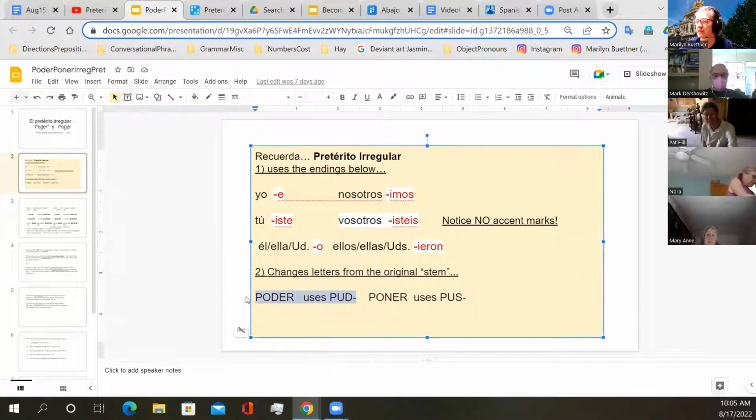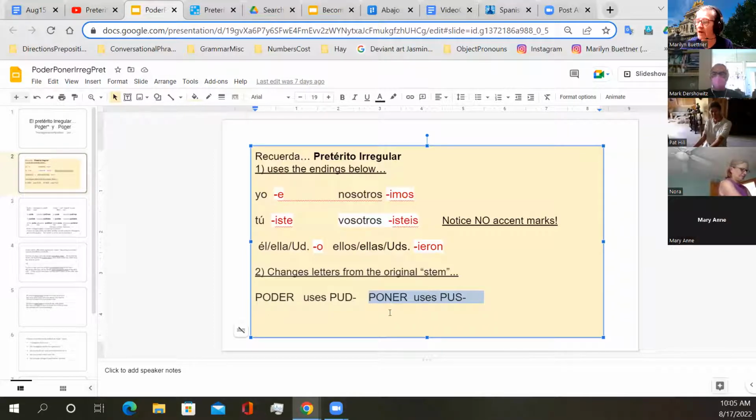So poder switches out the o, it plugs in a U, okay? But it keeps that D from poder. And with poner, it also gets rid of the O of poner and substitutes a U, but oddly, poner gets rid of that N as well.